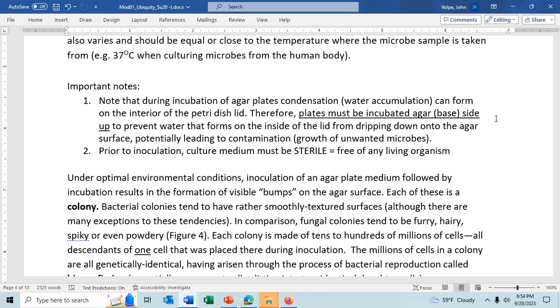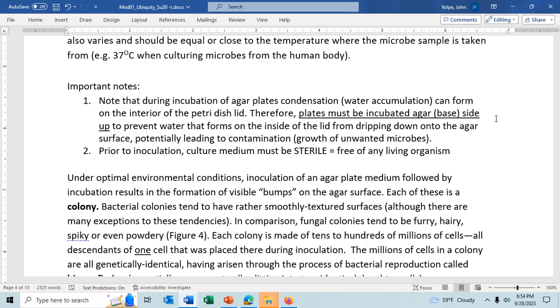The reason why is the incubator heats up the plate, and there's agar on the bottom of the plate containing moisture, and the water will come out of the agar and then condense on the top of the plate, forming a drop. And once it's a drop, it'll then drop down on the plate, which does not necessarily contaminate the plate, meaning the water is sterile, the top of the lid is sterile.